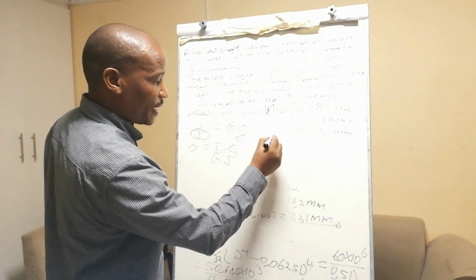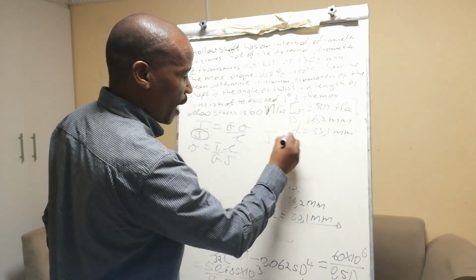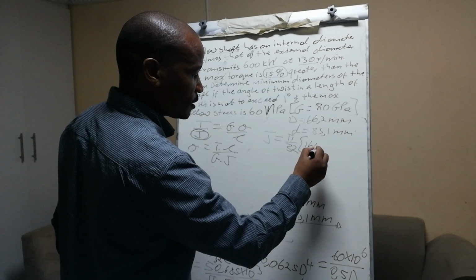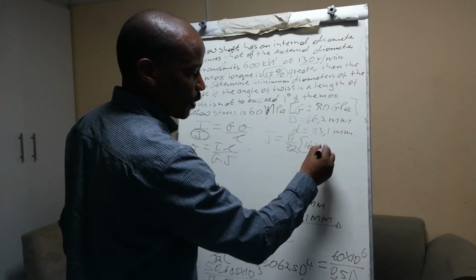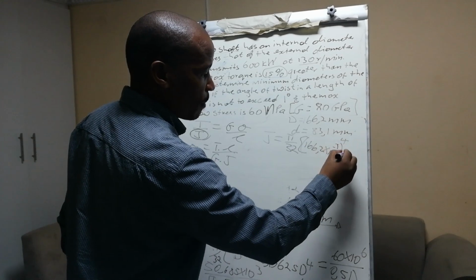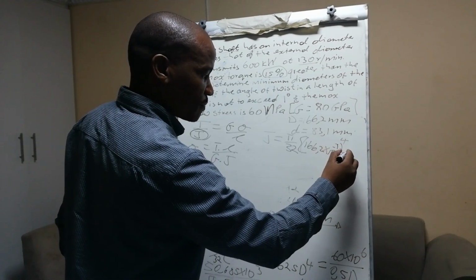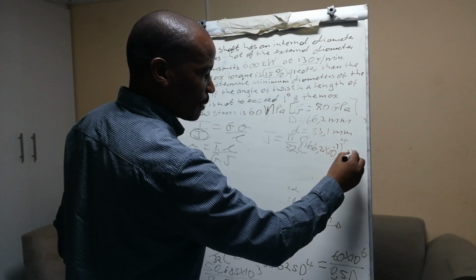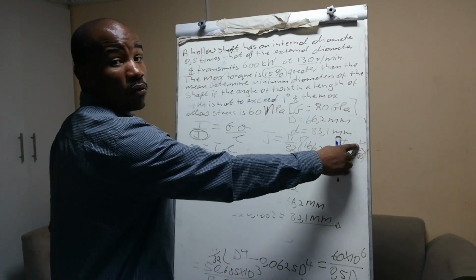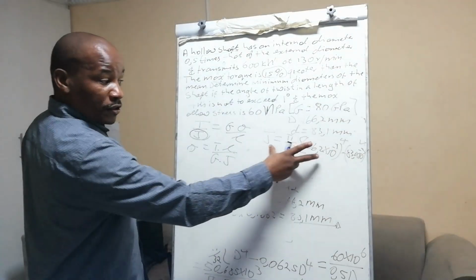Let's say for instance J is equal to pi over 32 times 166.2 multiplied by 10 to the power minus 3, to the power 4, minus 83.1 multiplied by 10 to the power minus 3, to the power 4.